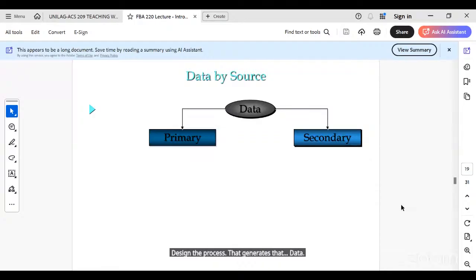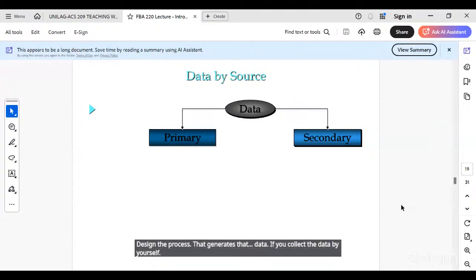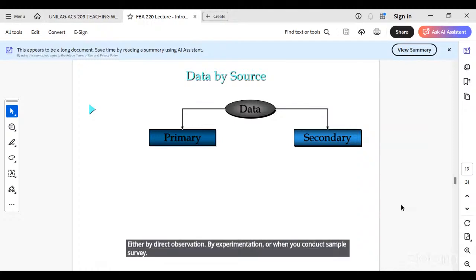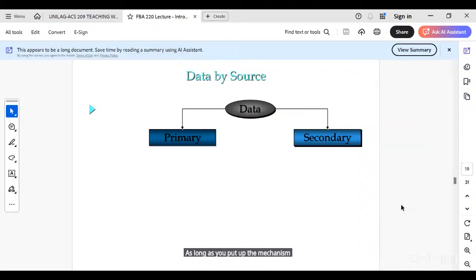If you collect the data by yourself, either by direct observation, by experimentation, or when you conduct a sample survey, as long as you put up the mechanism that generates that data, whatever you get will be primary. Otherwise, if you have to go to a repository, if you have to go to someone else that has collected that data, it is secondary.